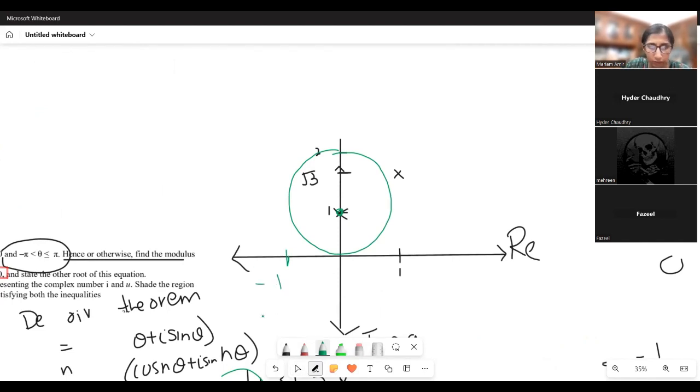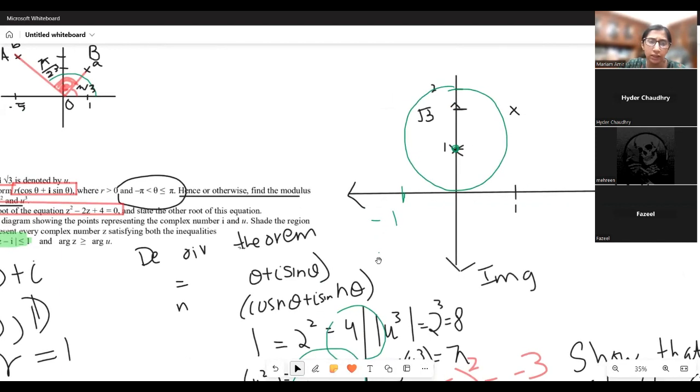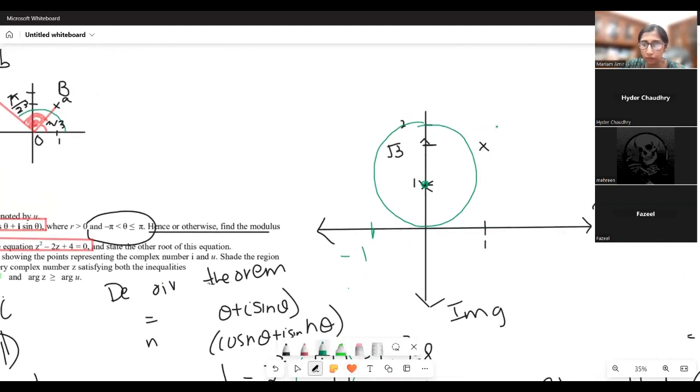And what else does it say? It says less than or equal to 1. So that means you have to shade the region inside the circle. Less than or equal to 1, so the circle also has to be a solid circle. Then it says argument of z is greater than or equal to the argument of u. Where's the u? U is here, outside of the circle. What is the argument of u? Argument means the angle with the positive x-axis. So this is the argument of u.